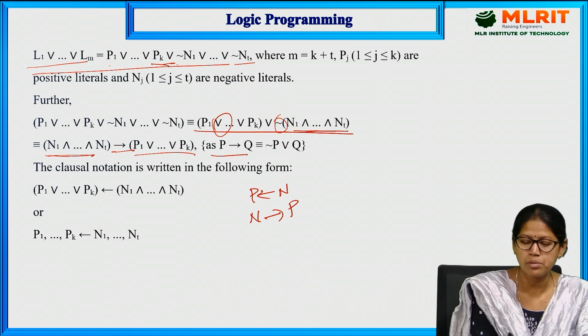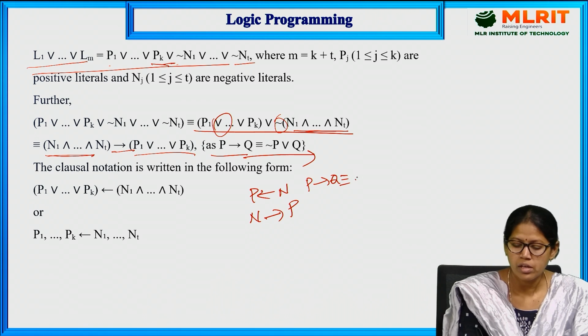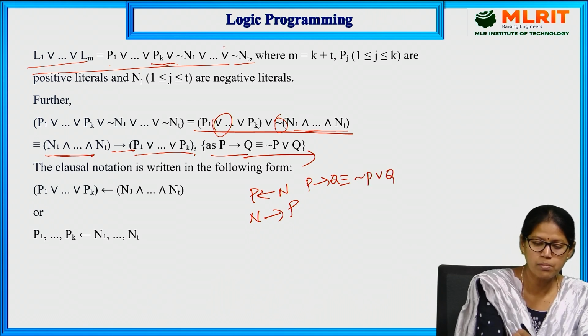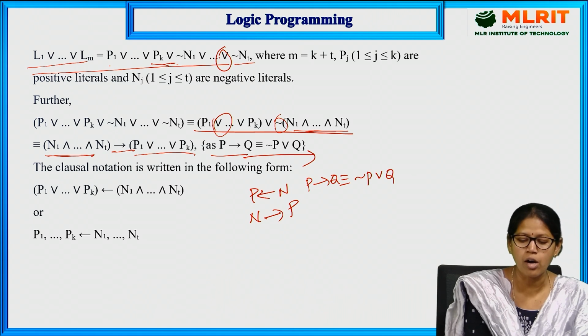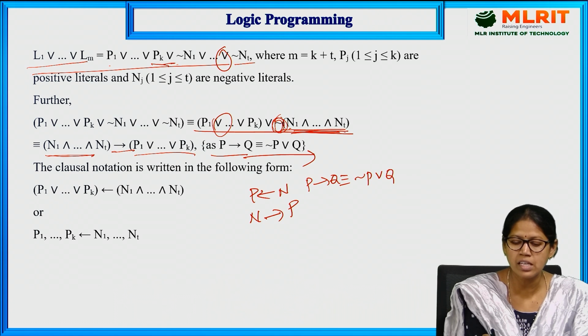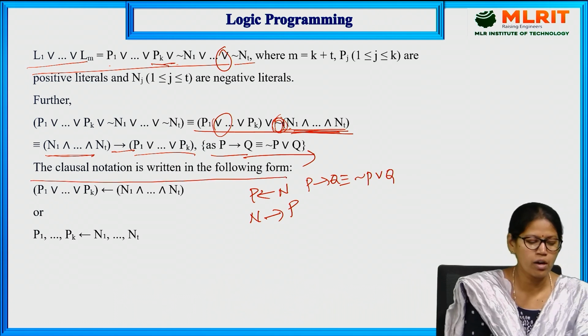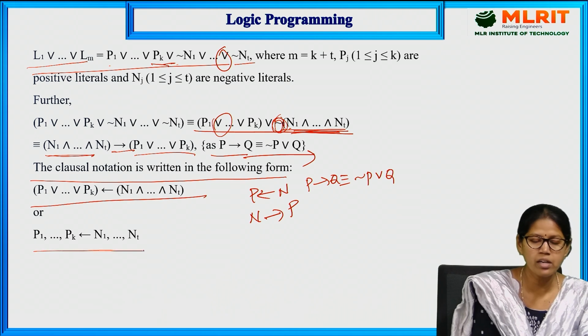P implies Q is one of the rules we already know: P implies Q is equivalent to negation P or Q. Here the or symbol is also in the negation form, but we take the negation outside, so we write the and symbol inside the negative literals. So the clausal notation is written in the following form, either this way or that way.